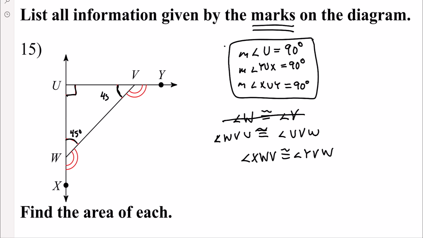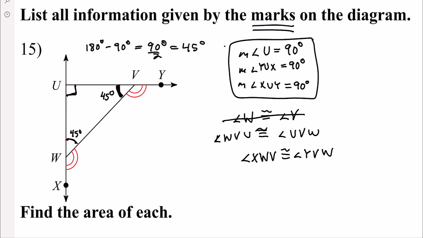This angle will be 45 degrees. Because when you have a triangle, the angles add up to 180. Well, 180 subtract that 90 degree angle gives 90 degrees, and the two angles are the same. So 90 degrees divided by 2 means you have two 45 degree angles.